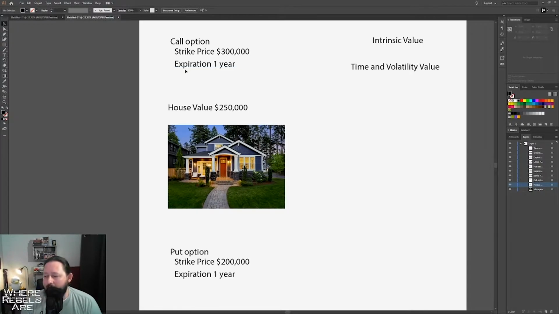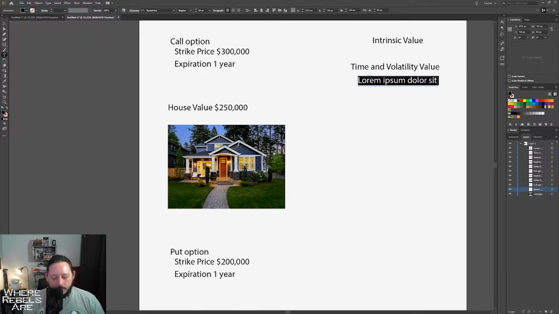So how much would you expect to pay for a contract like this? Currently trading at $250,000. You've got a whole year's time, so you're going to have what's referred to as time and volatility value. Let's go with 20,000. This number represents the hypothetical value only.